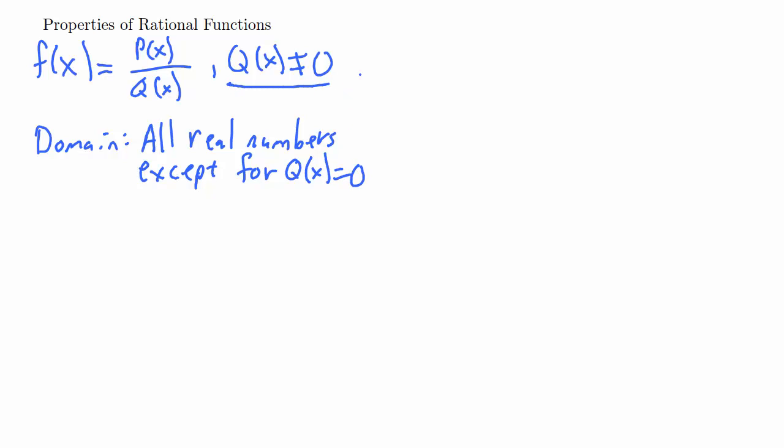In other words, it's everything where q of x is not equal to 0. Now that's the domain. Here's the thing though. The places where the denominator is equal to 0 are in fact important. Those are what we call vertical asymptotes.